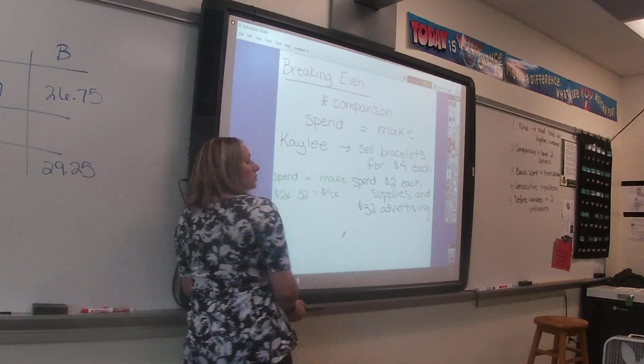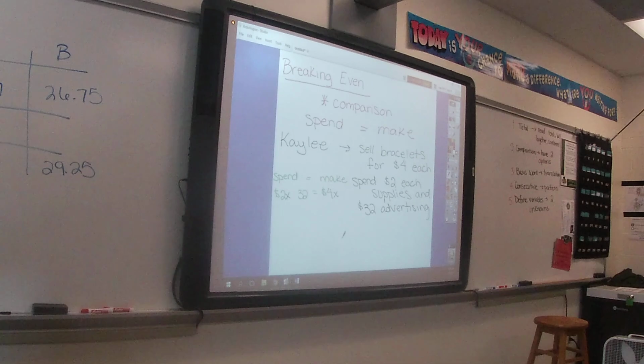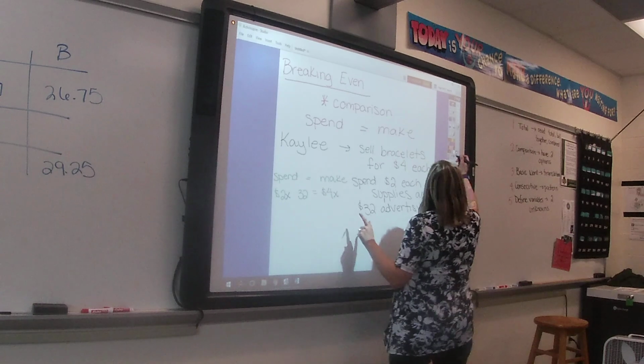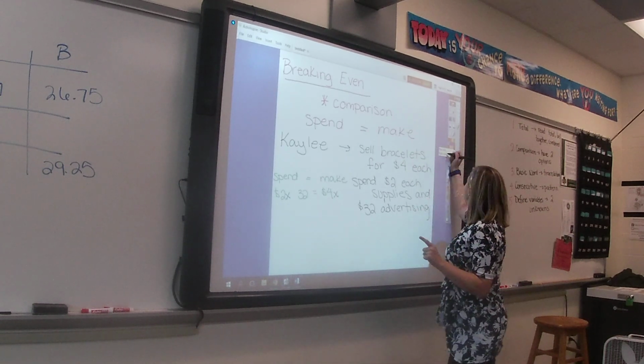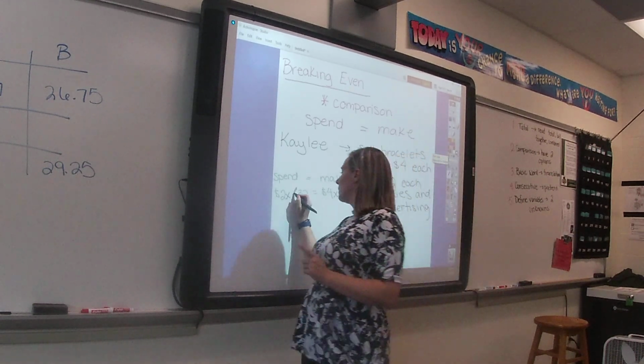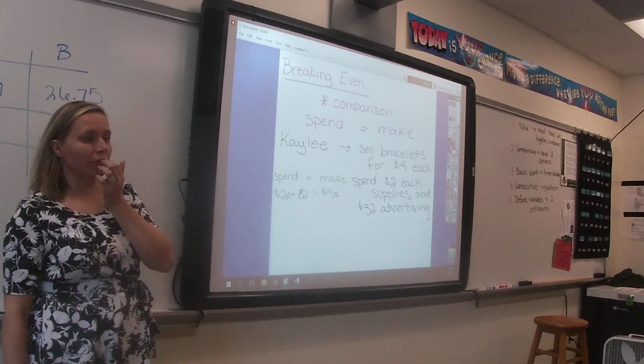Yup. Are we okay with that? What sign do we need to put in between this 2x and the 32? Addition. Why addition? Because it's a total. Is it something we know how to solve?